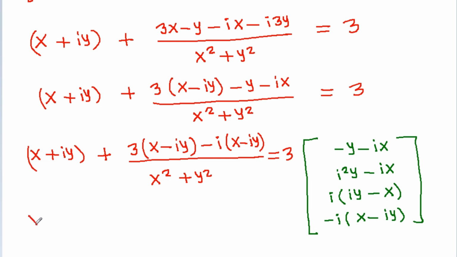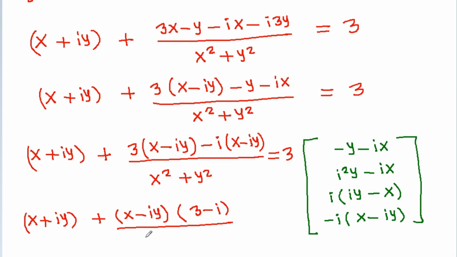And it is x plus iota y plus, and here we can take x minus iota y common, and we will get (3 minus iota) by x square plus y square, times (x plus iota y) times (x minus iota y) is equal to 3.